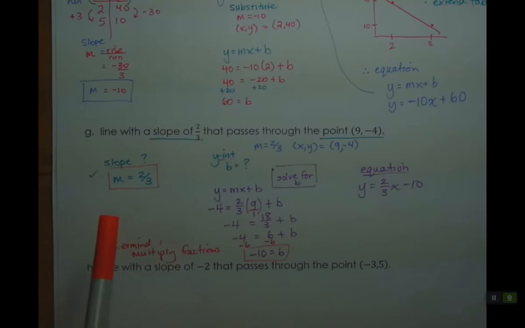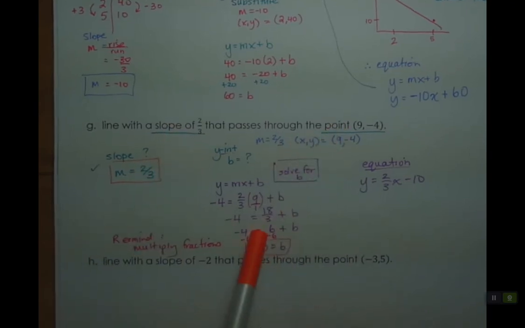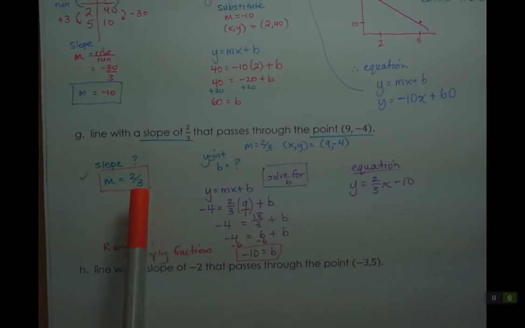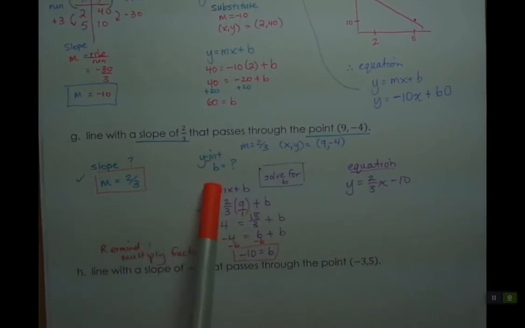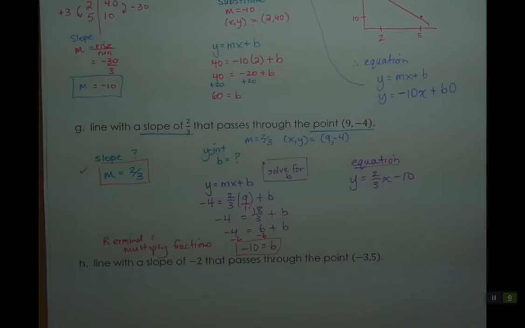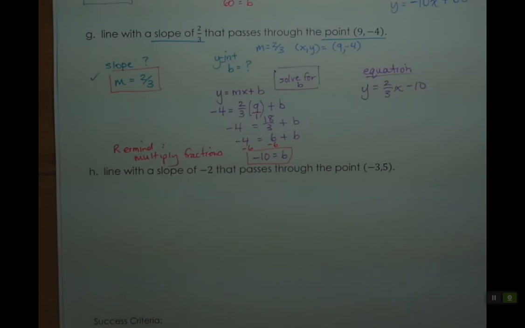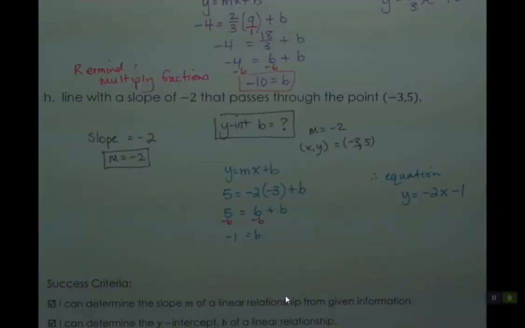It really depends on what you're given. If you're given the slope and a point, it's always a good idea to write down what you know, so that you can look at what you're dealing with. I'm going to push pause here. I want you to try to do the same steps for this one, and then I'll come back and tell you the answer.